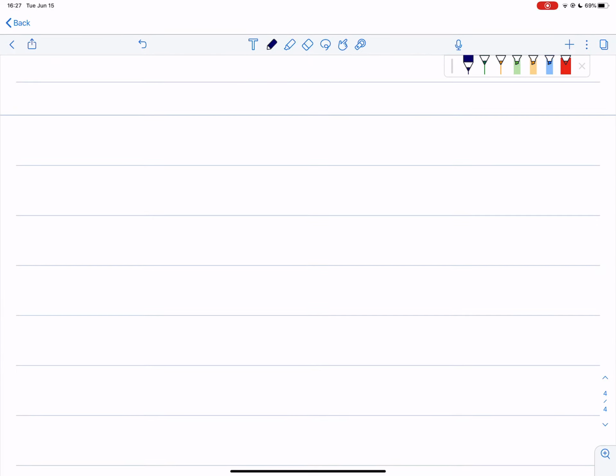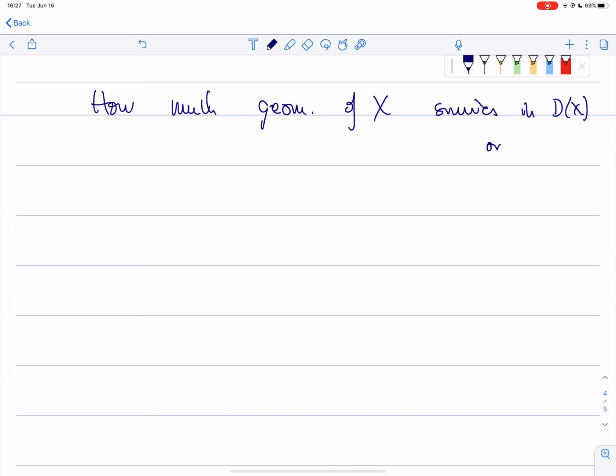So when you see all that, it's interesting to ask how much geometry of X survives in D of X, or in its compact part, D perf of X.